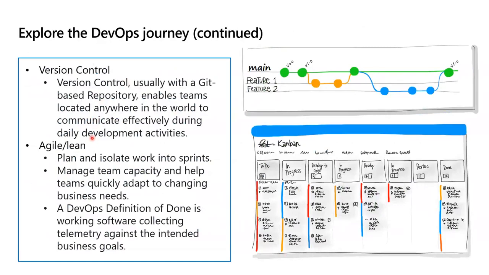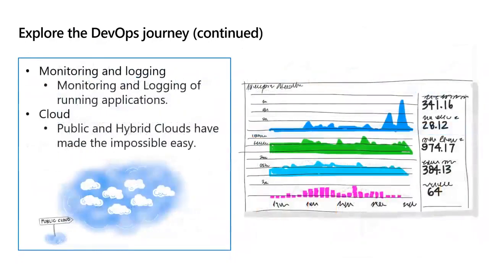Then I can also integrate Agile lean methodologies that allow me to identify the different activities my team is working on. Once the application has been delivered, I want to monitor that. What else? You should consider working with cloud vendors in order to scale your applications, in order to just consume what you need.